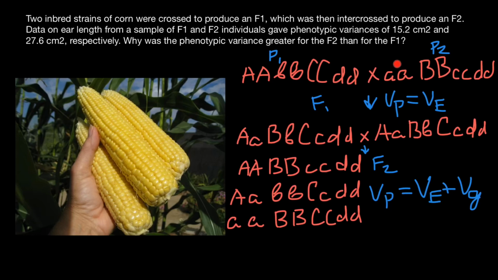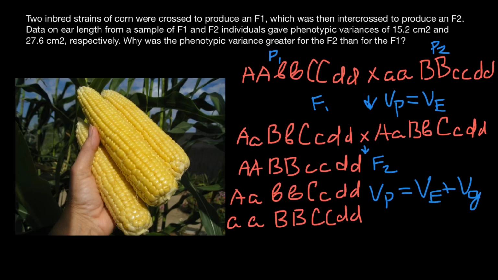Parent 2 has genetic variation 0. Just like in the F1 generation, genetic variation is 0. But in this inbred line, and in the progeny, we would see some phenotypic variance, but this is only going to be due to environment.